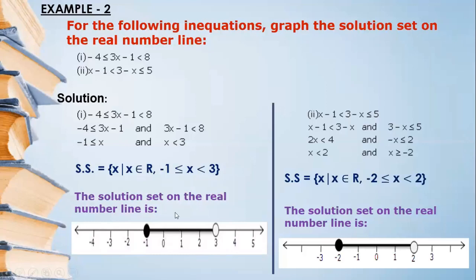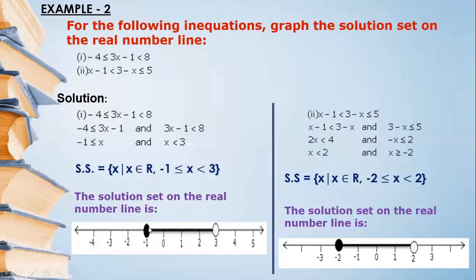Now on the number line we will check whether minus 1 is included. Yes, it is included because here the equal to sign is there. So on minus 1 we will make a dark circle, while on 3 we will make a hollow circle because 3 is not included. But the numbers between minus 1 and 3 all are included.